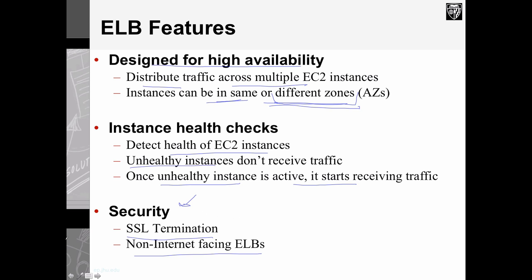If you have a VPC configuration where your application servers are on the private subnet, you can load balance even across those private instances without exposing the Elastic Load Balancer to the public internet. In a non-internet facing ELB, the Elastic Load Balancer does not receive a public IP address, so nobody can access it. Only your application servers or your web browsers know about this internal ELB.